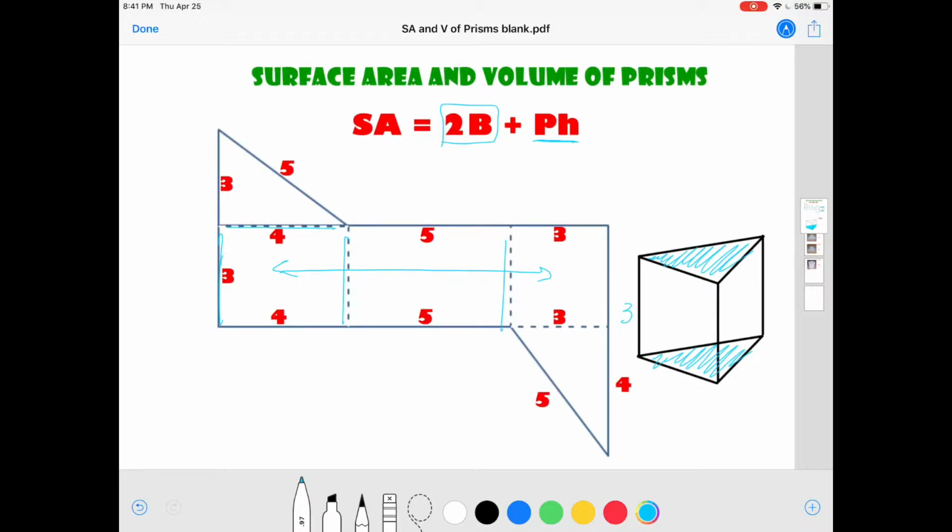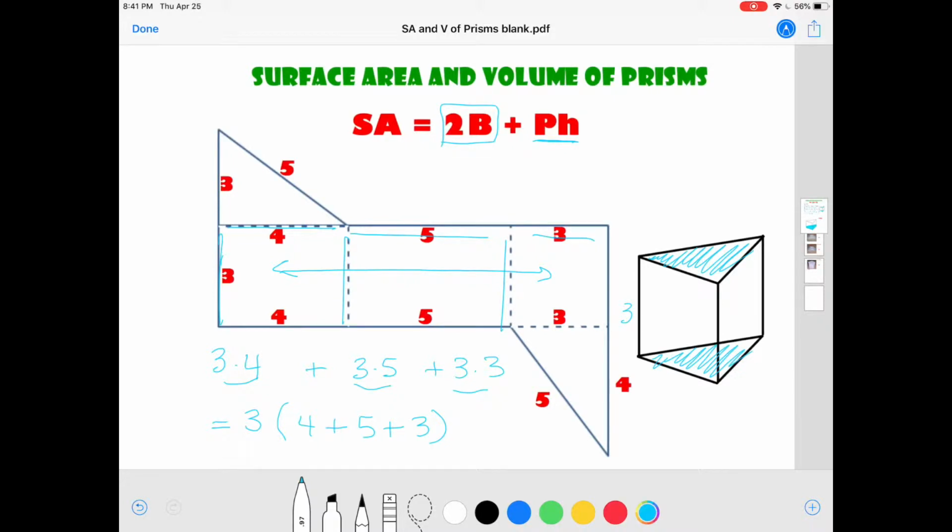And the width of each of those rectangles, we could do 3 times 4, we could do the 3 times 5, we could do the 3 times 3. But actually, a quicker way to do that would be to take the 3 times the 4 plus 5 plus 3. If you're familiar with factoring out a 3, you'll know that these are the same.